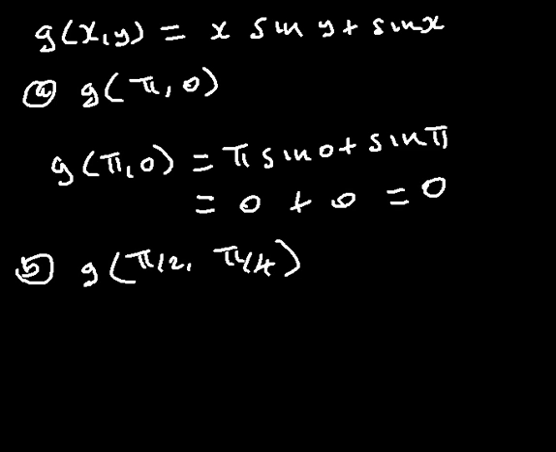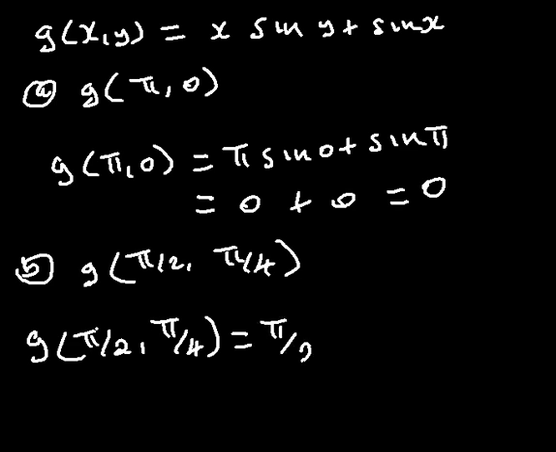So in this case, we have x has to be pi over 2. It should be this. Has to be g of pi over 2, pi over 4, that is the same as, so we have pi over 2 as x, what is the y, we have pi over 4, and plus we have pi over 2.